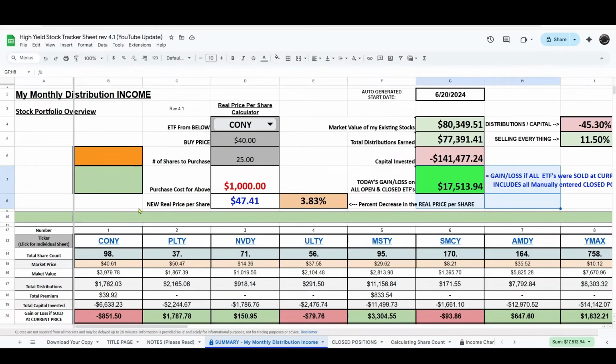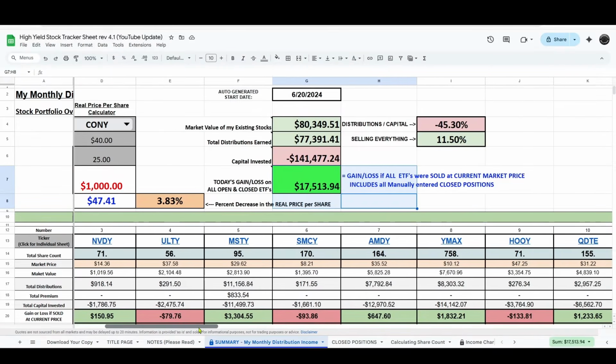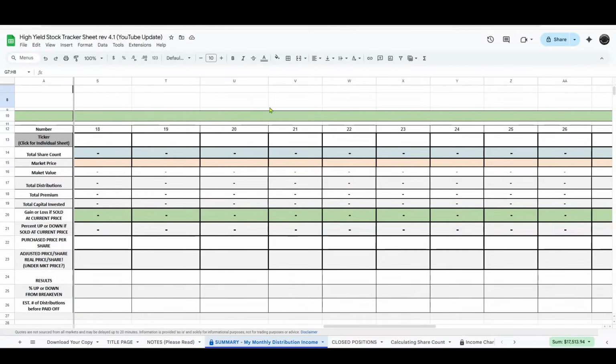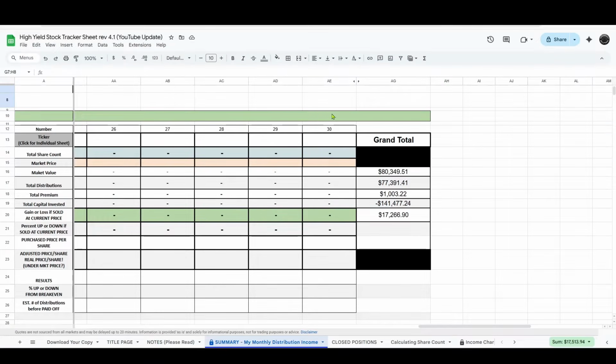As you can see on the summary page here, if I scroll over, I can keep on going. Right there is where it used to end. So now you have a total of up to 30 individual sheets, meaning there is a tab down here at the bottom that goes all the way up to a total of 30 individual sheets that you can add in and track your individual ETFs.